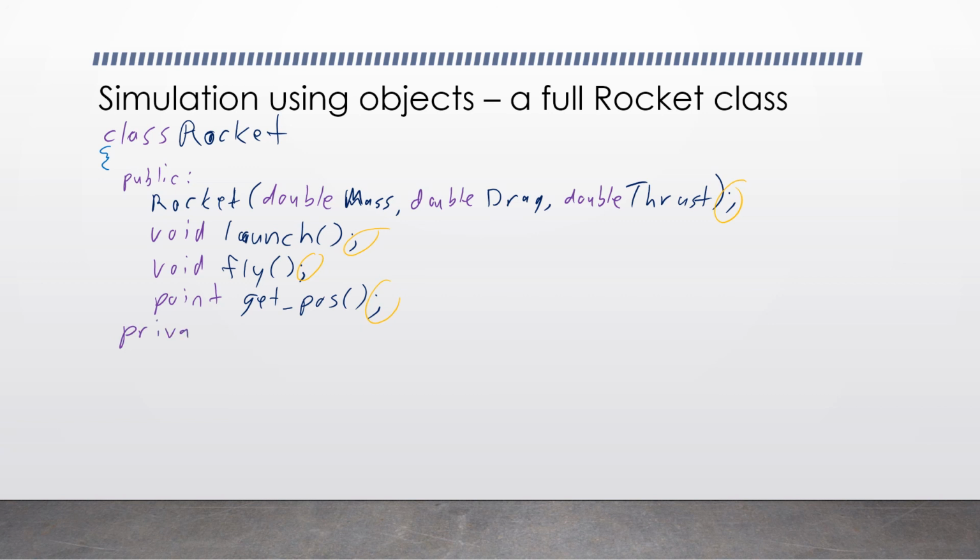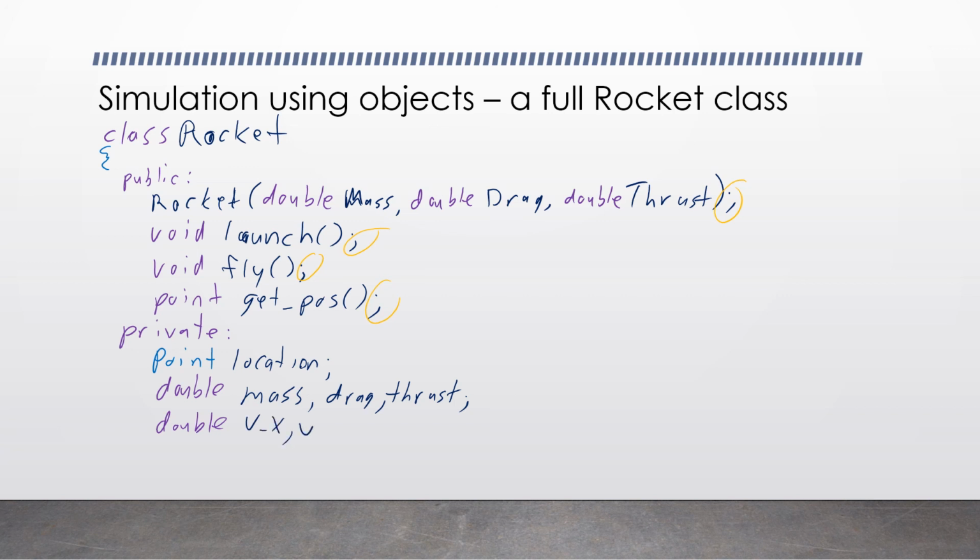Then private, we'll have a point struct called location, and we'll have double mass, drag, thrust, and double Vx, Vy to keep track of our velocity.